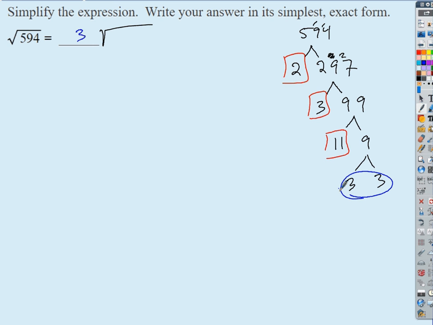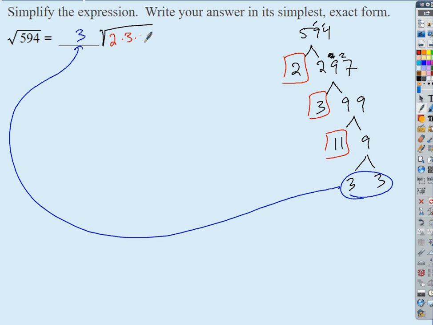Right, and that comes from right there. What's my inside number? 2 times 3 times 11. And so if I simplify this whole thing, I get 3 times, well, 2 times 3 is 6. What's 6 times 11? 66. So we're going to get 3 times the square root of 66. Okay?